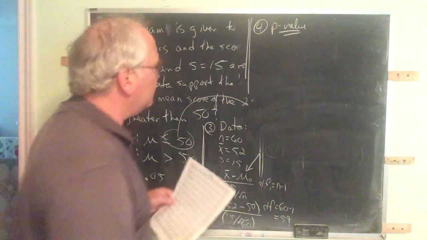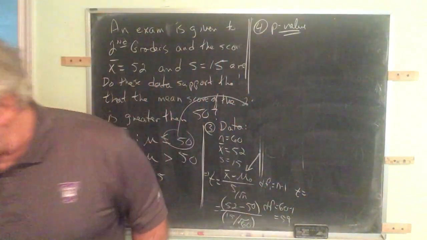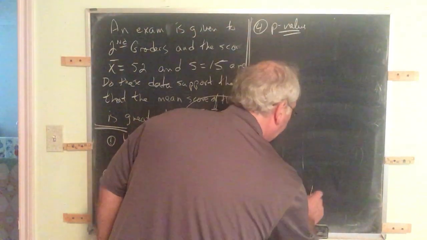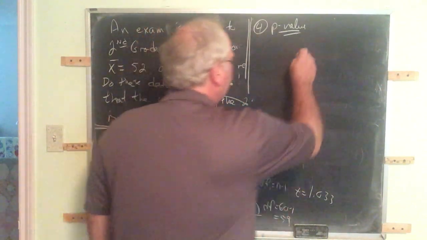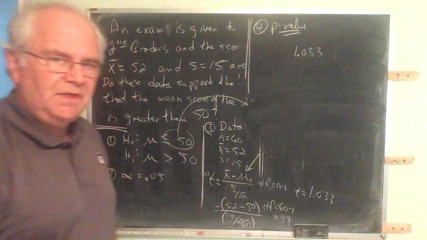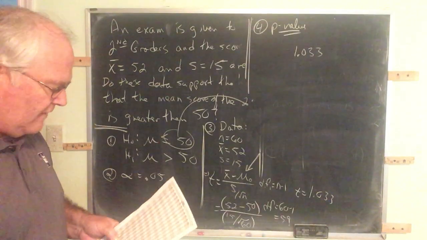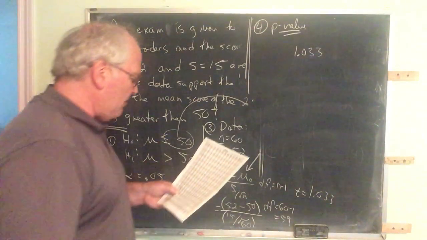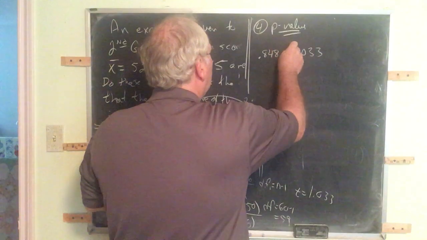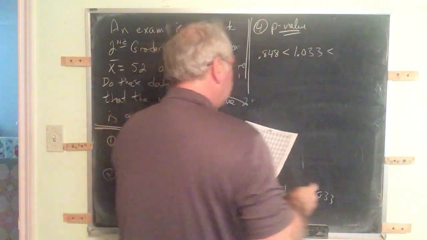We need to find the two numbers between which our t-score, 1.033, falls in the 59 degrees of freedom row. I'm going to suppress the 0 point. I'm going to say it falls between 0.848 is less than 1.033, which is less than 1.046.